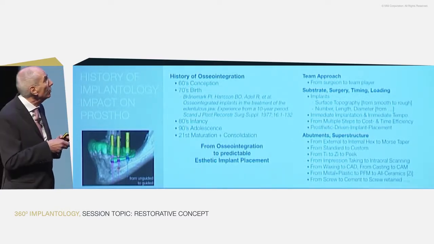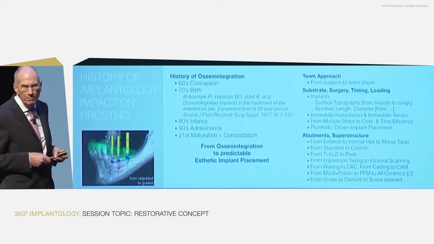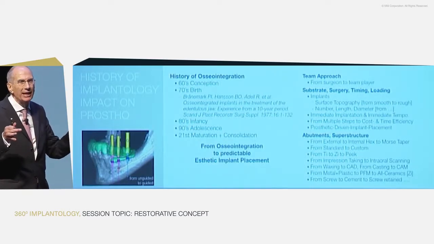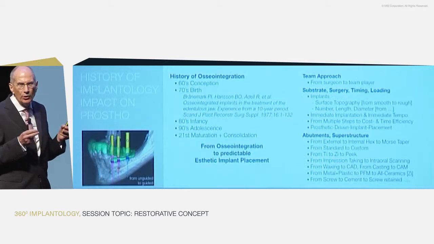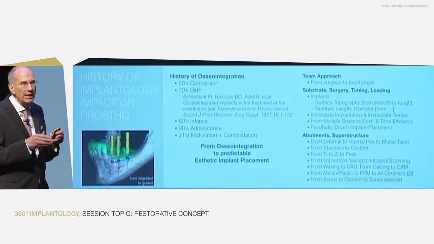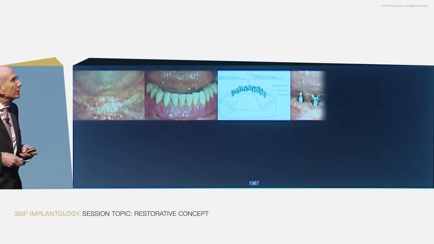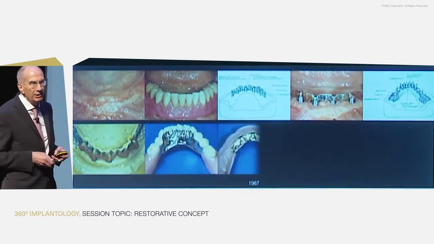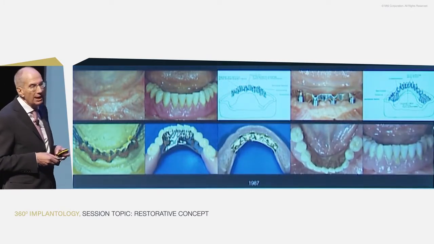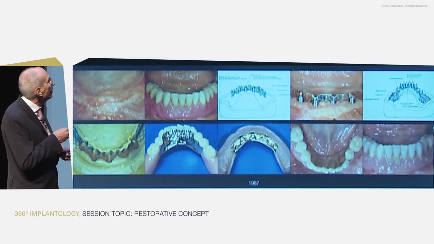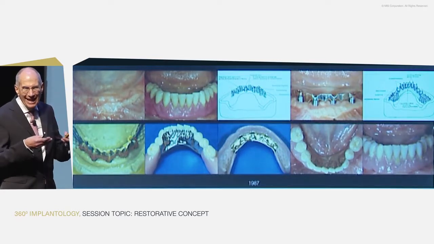Maybe let's take another big one, the team approach, whereas in the beginning it was a totally surgical procedure. Today we are doing more of a team approach. And this reminds me of the 80s, the birth, when we treated our patients. You see an old edentulous case where everything had been done by casting.